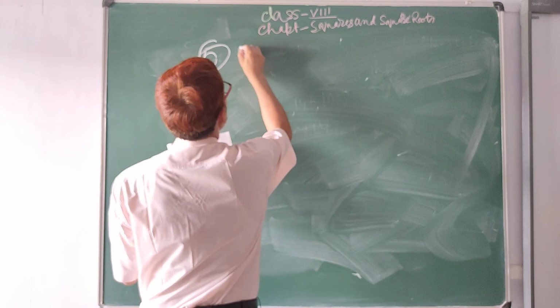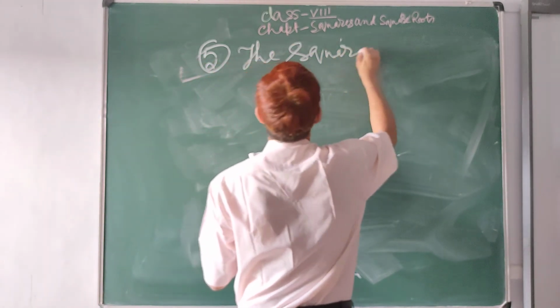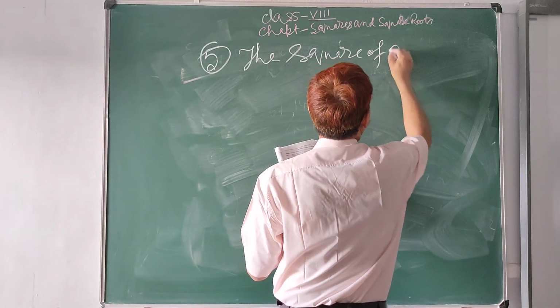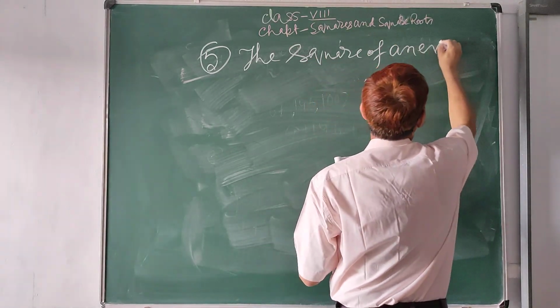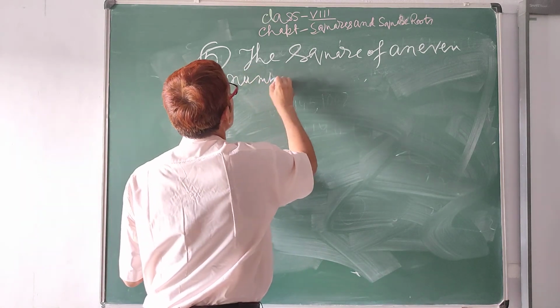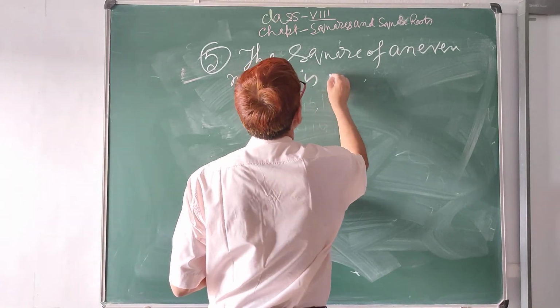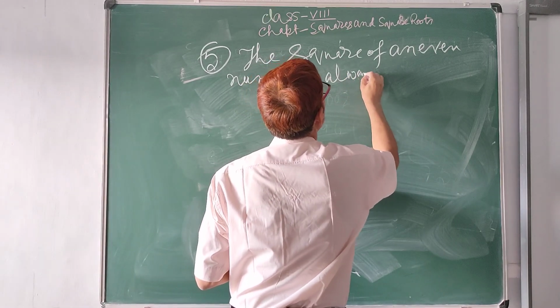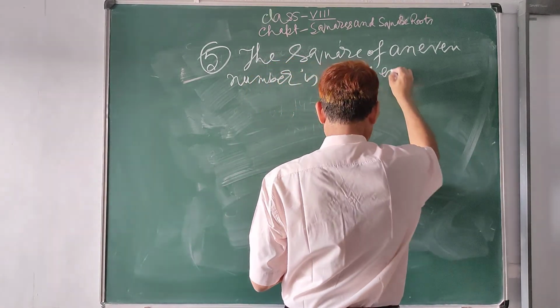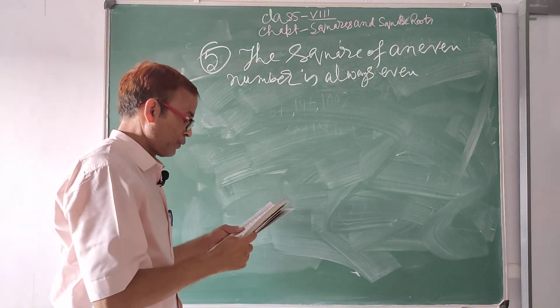The square of an even number is always even.